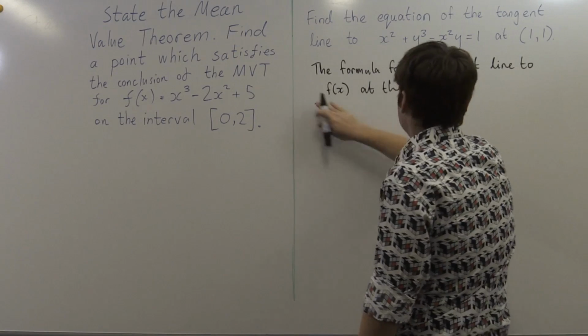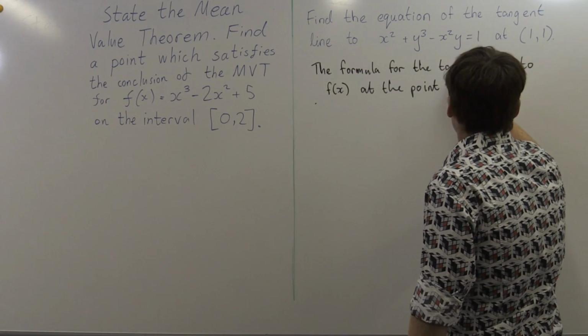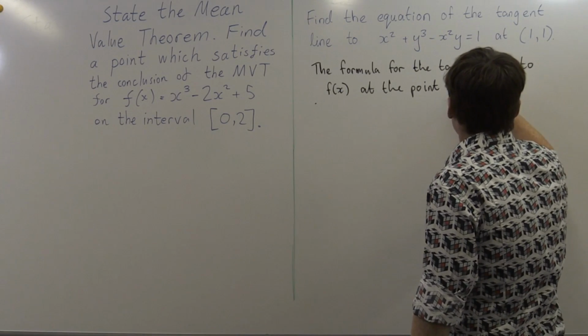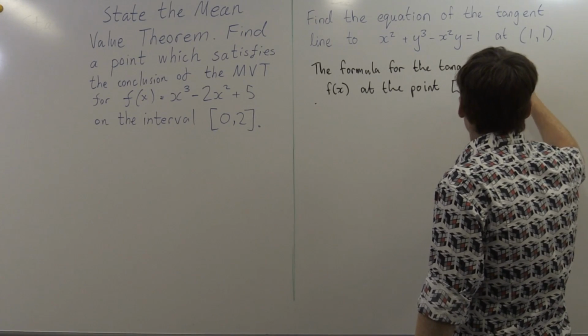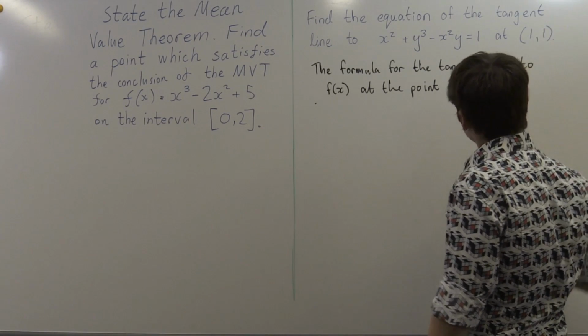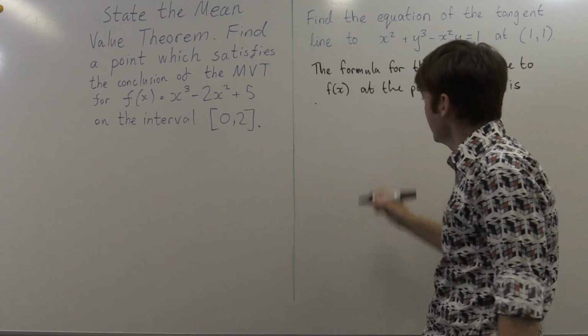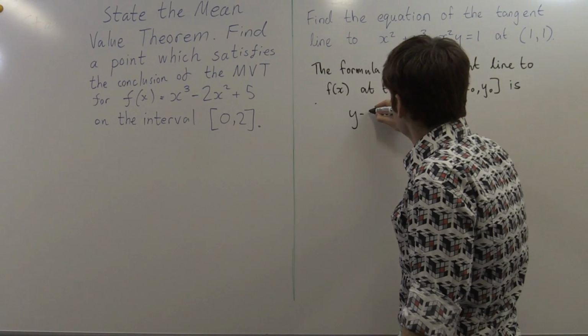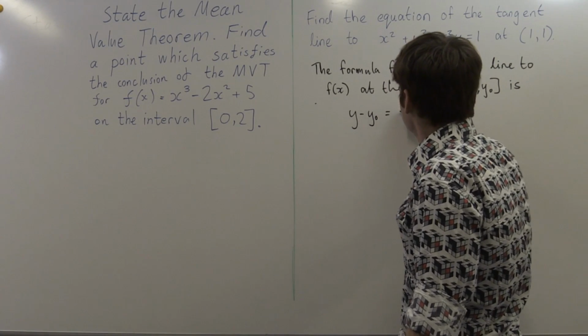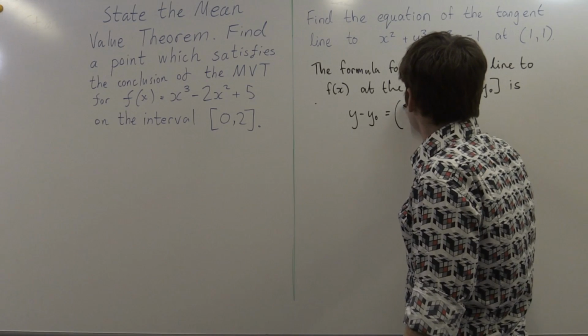For f of x at the point, say, x0, y0, it is y minus y0 is f prime.